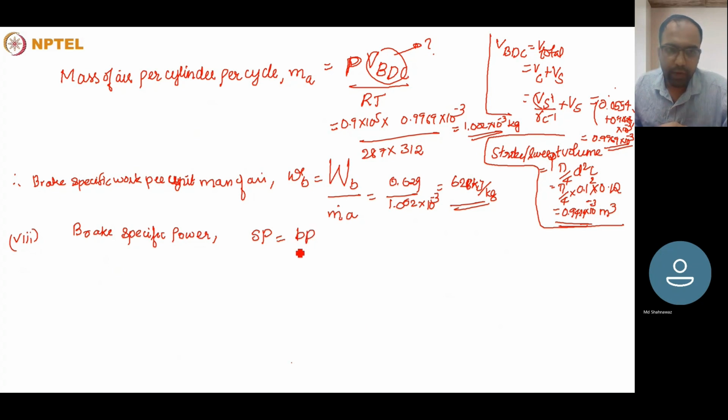SP is equal to brake power divided by AP. So brake power we have already calculated. The area of the piston is equal to pi by 4 into d squared.